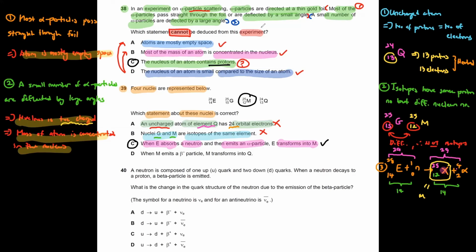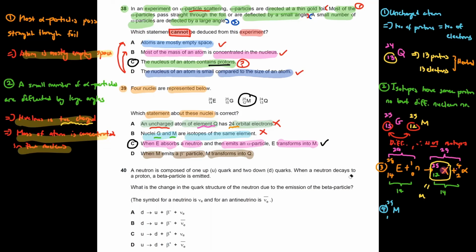But again, let's double check with the last answer. When M emits a beta minus particle, M transforms into Q. So this one, we can try and rewrite another nuclear equation, just to double confirm. So what we have is M 25, 12.